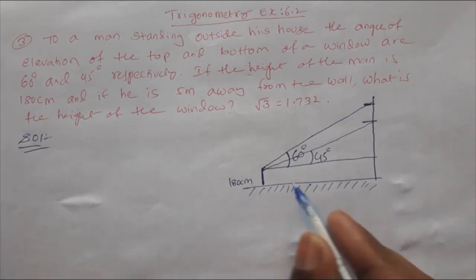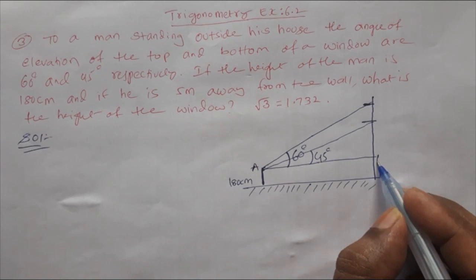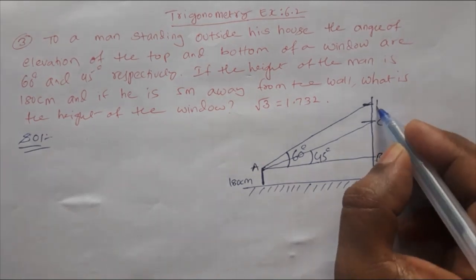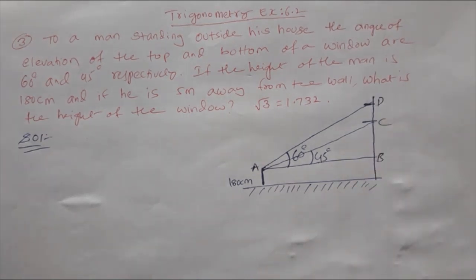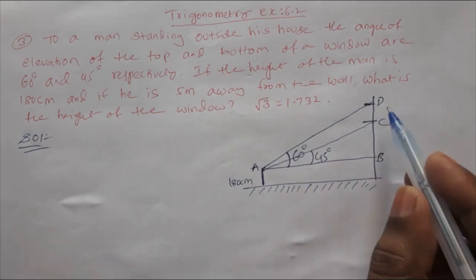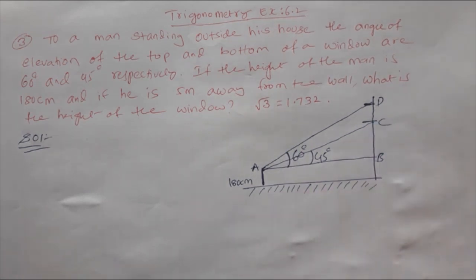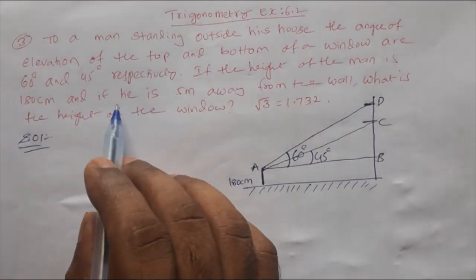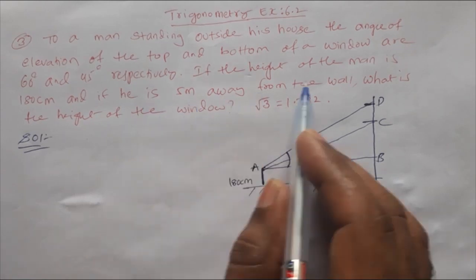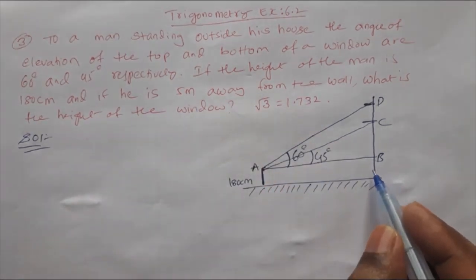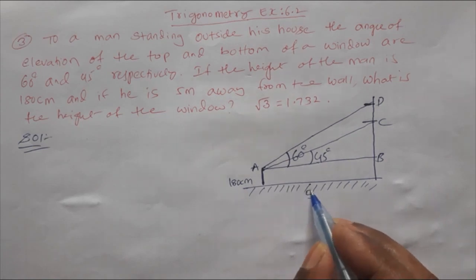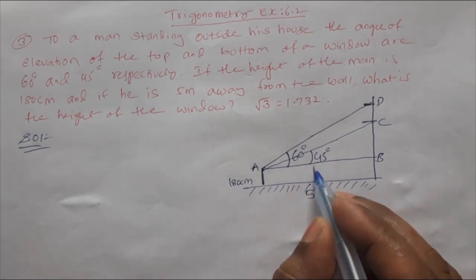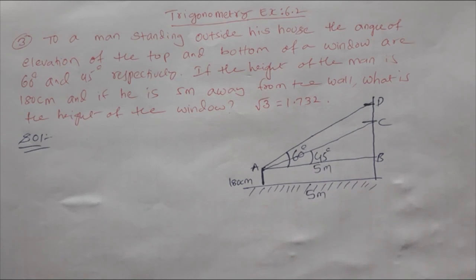Now mark some points here: A, B, C, D. So here CD is the height of the window. If he is 5 meters away from the wall, that means this distance, AB, is also 5. Now we have to find the height of this window.